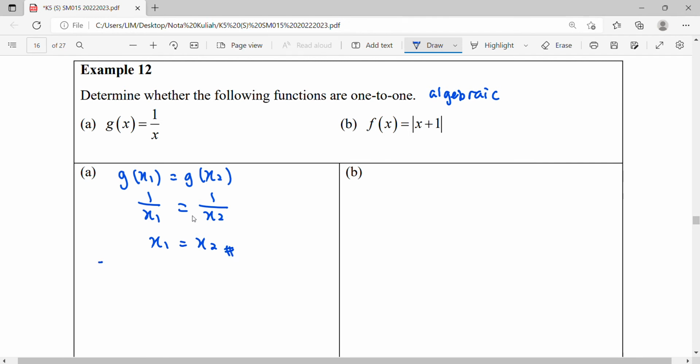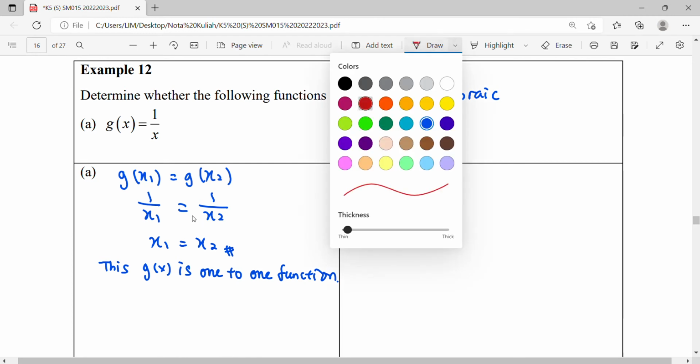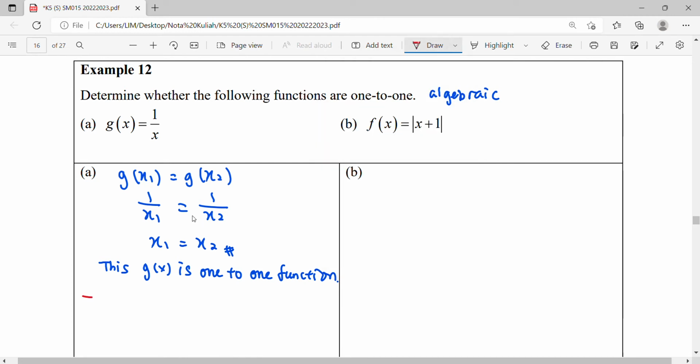So this g(x) is a one-to-one function. Indirectly, what they want to tell us is that g inverse exists, so we can find out what our g inverse is.